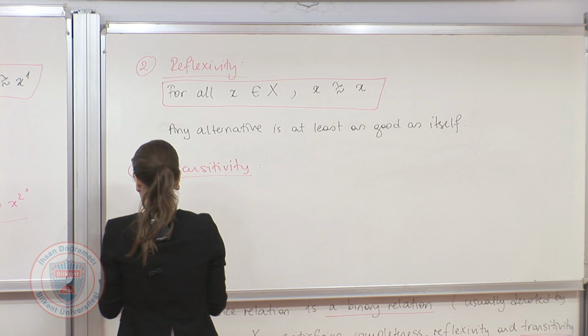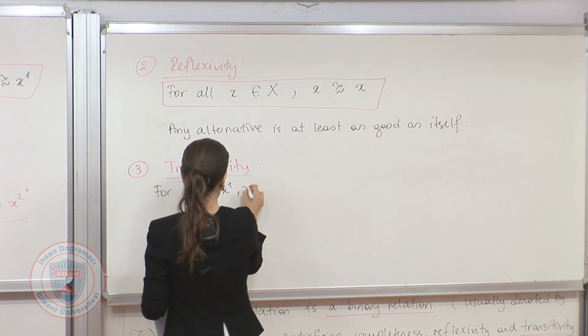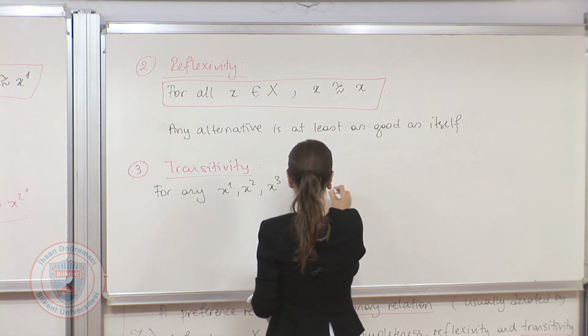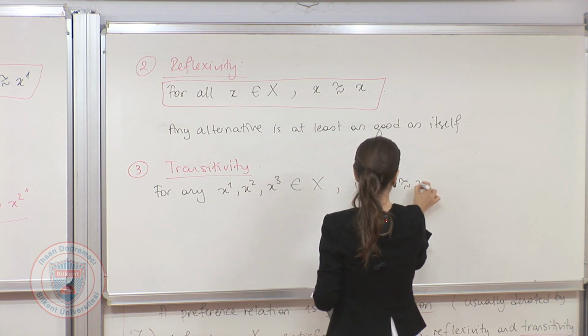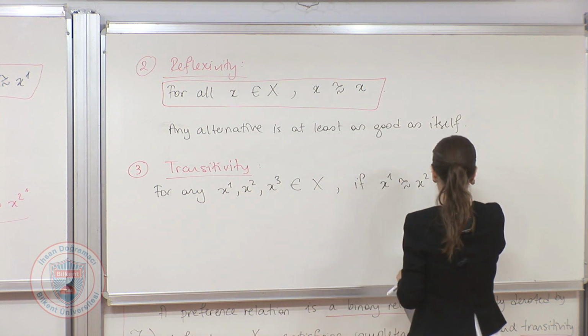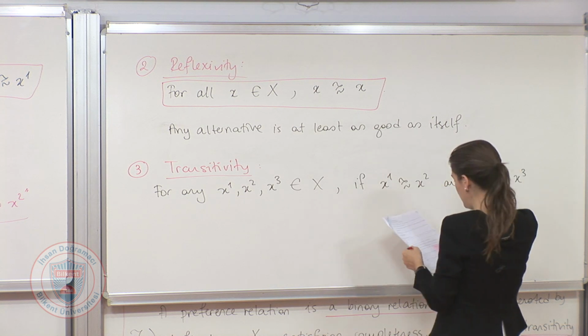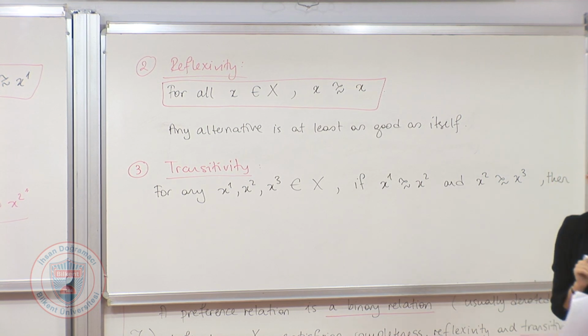Transitivity means for any x1, x2, x3 in X, if x1 is at least as good as x2, and x2 is at least as good as x3, then what would you expect?